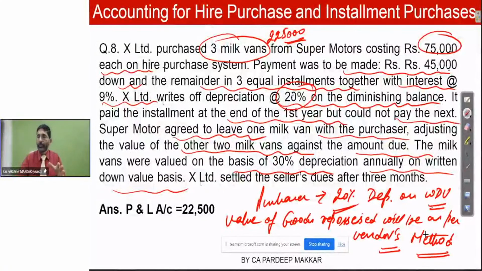Whatever value he will suggest, you have to take it. So he says depreciation at the rate of 30% will be charged. Okay, we have to do it.